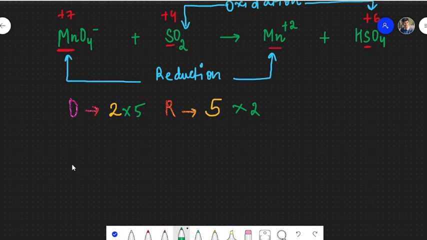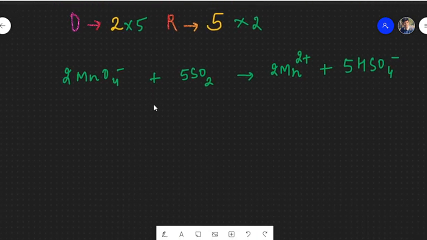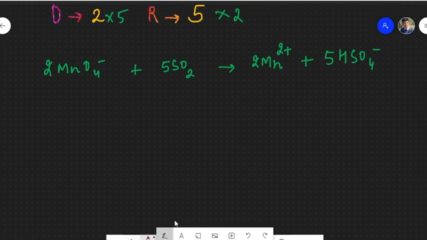So this will become 2MnO4⁻ plus 5SO2 gives 2Mn2+. Do not forget this charge. And for oxidation, by 5, so 5HSO4⁻.